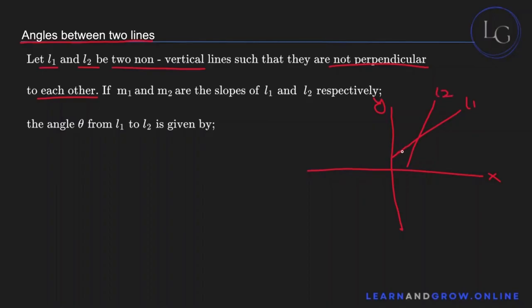Now there will be an angle between these two lines, and you need to see which angle you have to deal with. Let's say that the shorter angle between L2 and L1 is theta, and the larger angle is gamma, right?